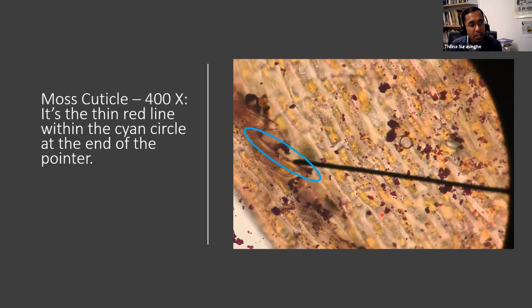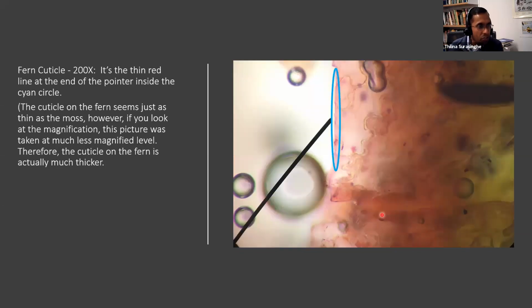And then just for comparison's sake, now we are looking at a fern. Right on the top of the phyllid, or the leaflet, you see a really thin, transparent structure that protects the cellular components. That is also the cuticle.